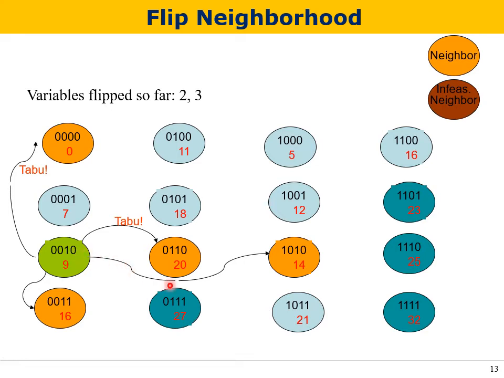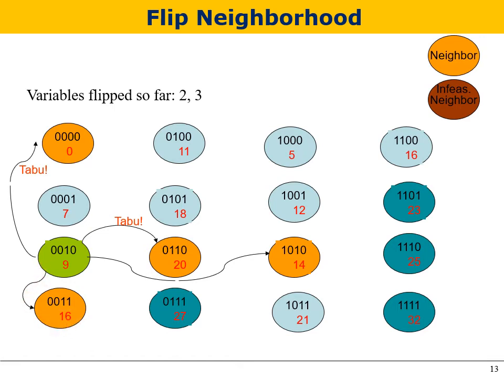When we flip the first one, we come up with this solution, and when we flip the fourth one, we come up with this solution. So there are 4 neighbors, but 2 of them are taboo, and among the other two, the best alternative becomes our next solution.